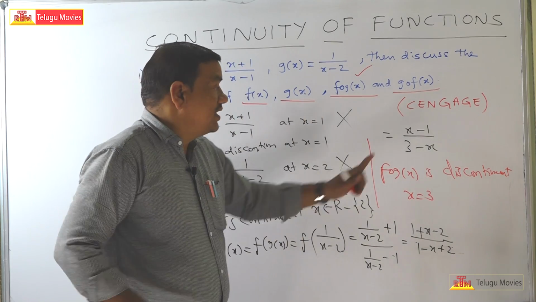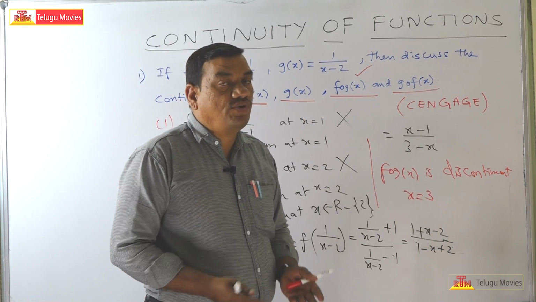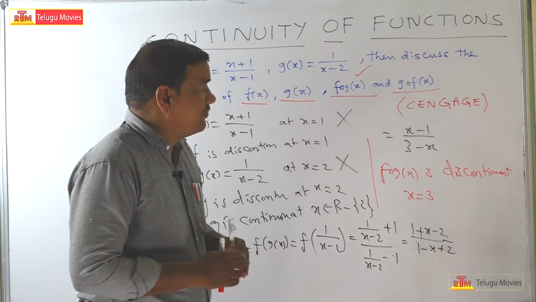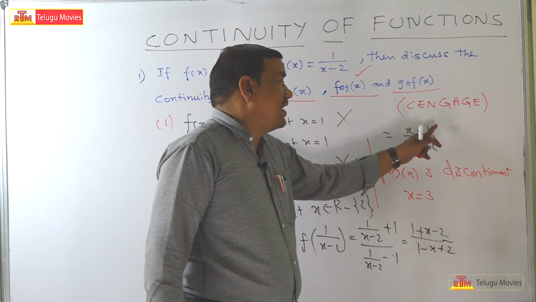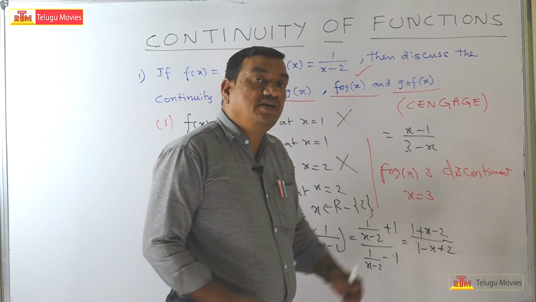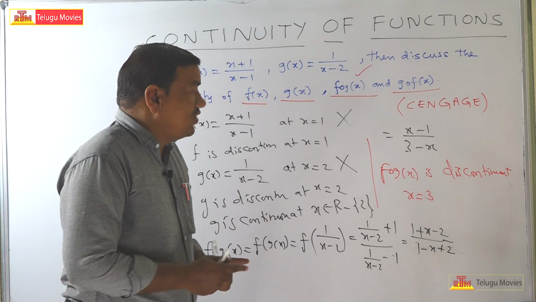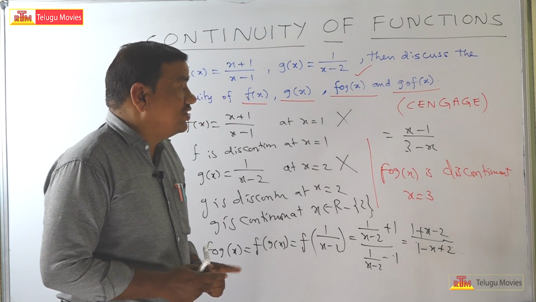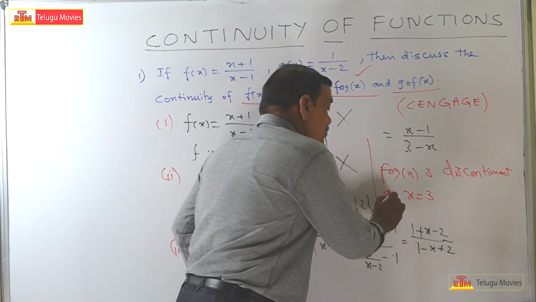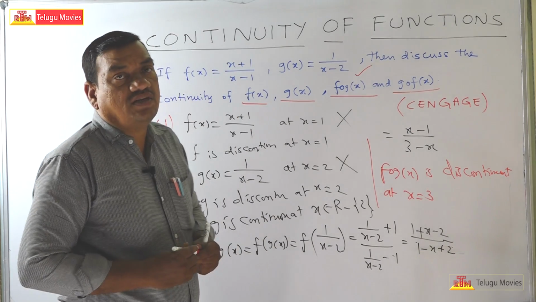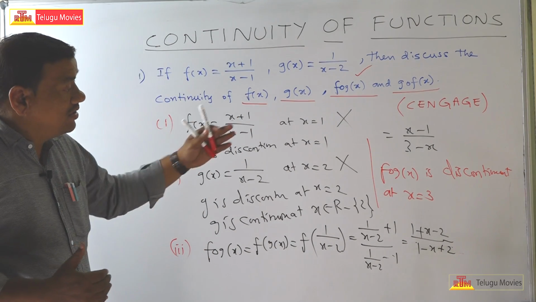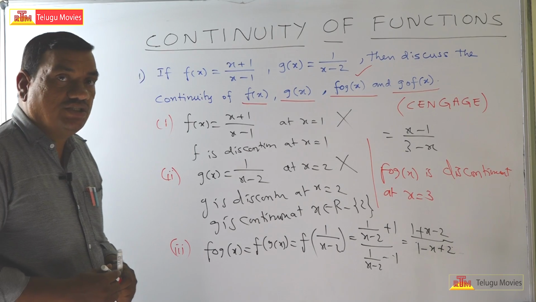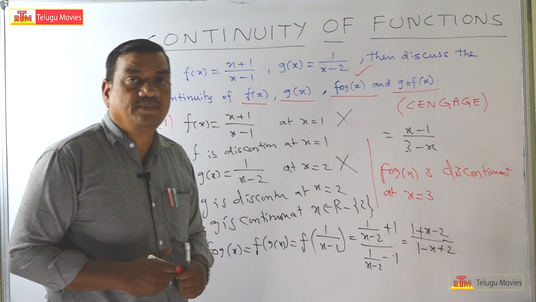Why? 3 minus x should not be equal to 0, therefore x should not be equal to 3. At x is equal to 3, the denominator of 3 minus 1 by 3 minus 3 becomes 0. Therefore f circle g is discontinuous at x is equal to 3. Is this your right answer? In the options it will be given like that, discontinuous at x is equal to 3.